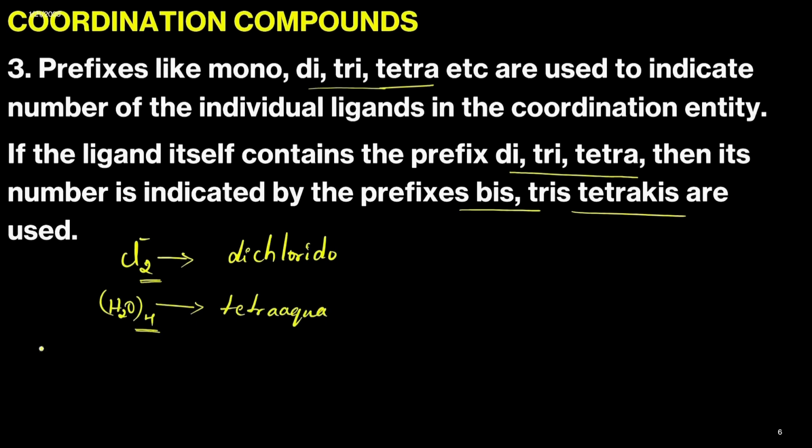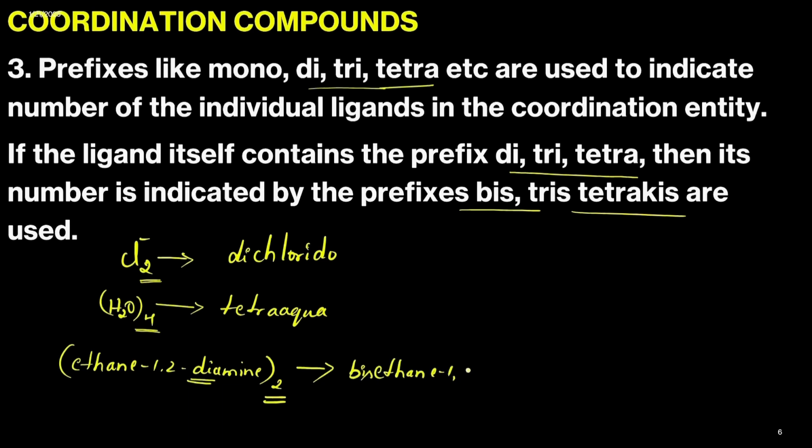For example, ethane-1,2-diamine is a ligand. So here, this ligand itself contains a prefix di. If 2 ethane-1,2-diamine ligands are present, therefore here the prefix bis is used. So the name will be bis(ethane-1,2-diamine).